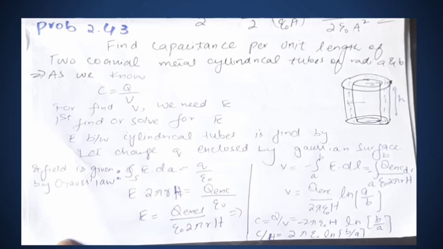Now the potential between the two coaxial metal cylindrical tubes is given here.